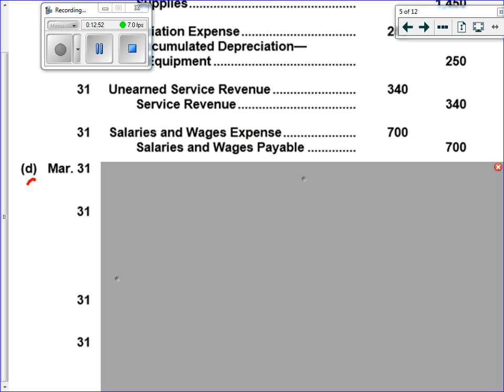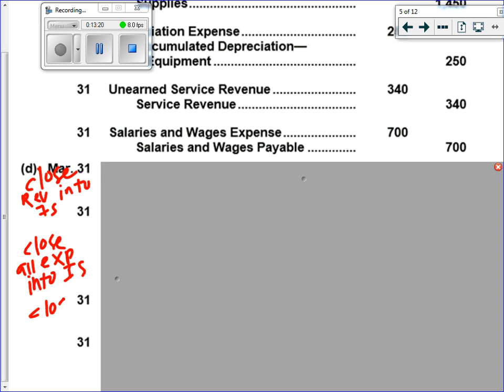The first one, we close revenue into income summary. The second one, we close all expenses into income summary. The third one, we close or zero out income summary into capital.